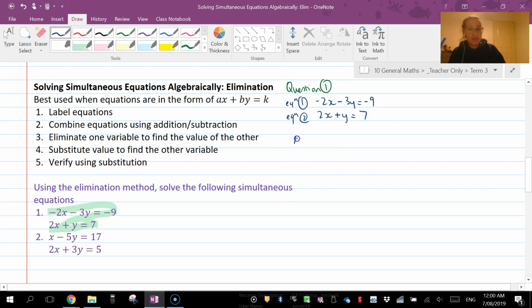I'm going to add equation 1 and equation 2. So I write that as negative 2x minus 3y equals negative 9, plus 2x plus y equals 7.